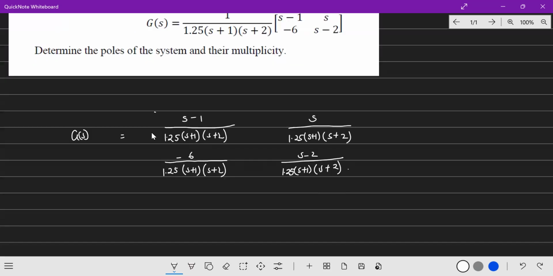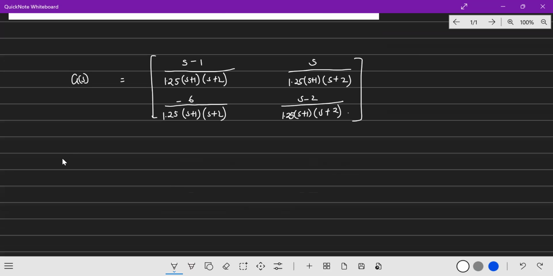Okay, so this is the matrix that we have if I send everything inside there. Now let us get the determinant of this. The determinant of G of S is simply equal to the product of the major diagonal elements, so S multiplied by S minus 2, S times S minus 1, S minus 2.